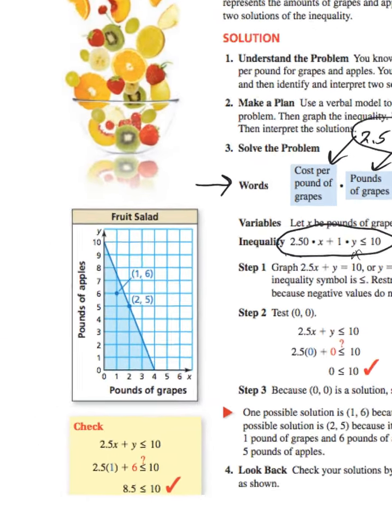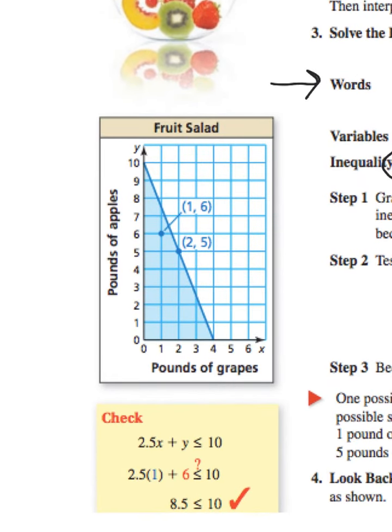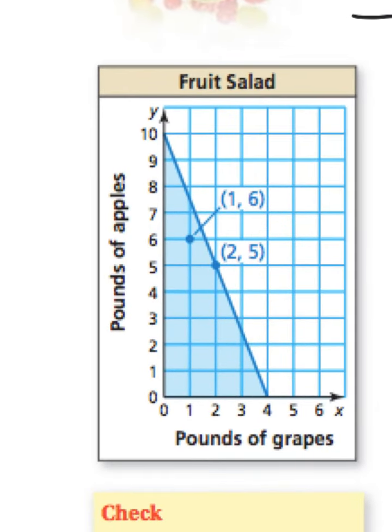An interesting thing here is the graph. If we graph that inequality, we end up getting a graph that looks like this one here. You'll notice that there are many, many different possible solutions. One of the things we notice with the solutions for apples and grapes is that typically we can't... okay, I guess we can have half an apple. But anyway, we can have half a pound of apples.